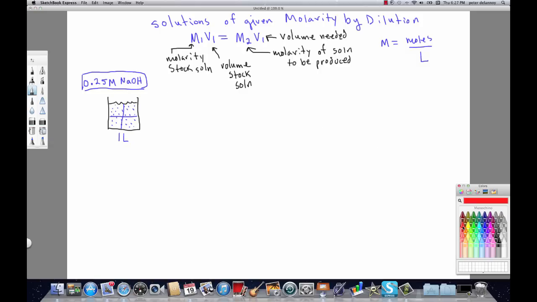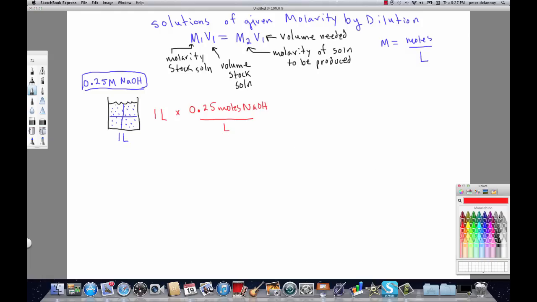So as an example, if we wanted to make a 0.25 molar solution of NaOH and we knew we wanted exactly 1 liter of it, then we would take the volume that we wanted, the 1 liter of the solution, and multiply that times the target molarity, 0.25 moles of NaOH per liter.